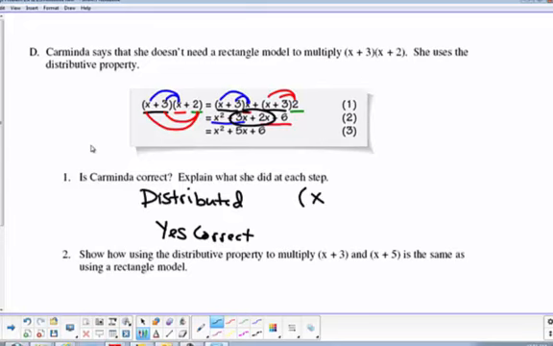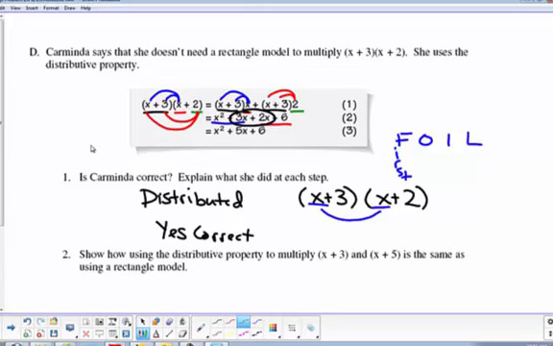Typically, we distribute the first parentheses out. There's also something called the FOIL method. I just like to think of it as double distribution. But this stands for first, and these are your first terms. I'll color code this. Outer, and these are your outer 2 terms.